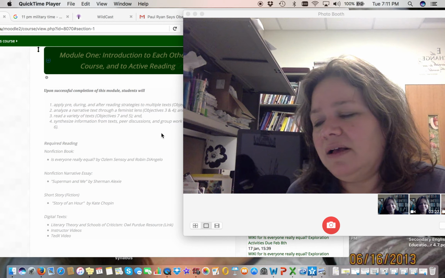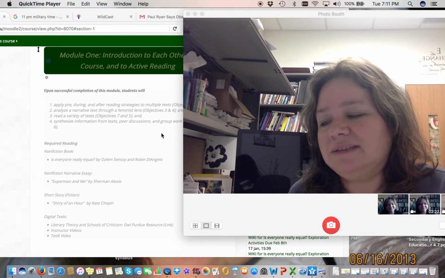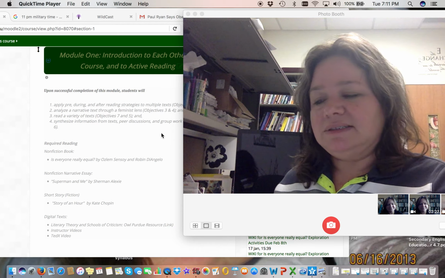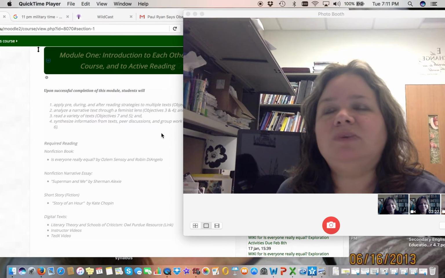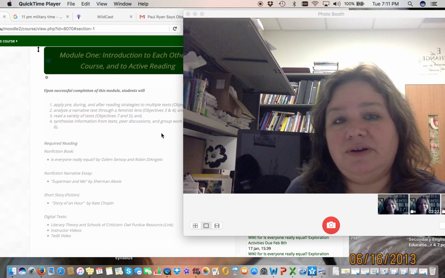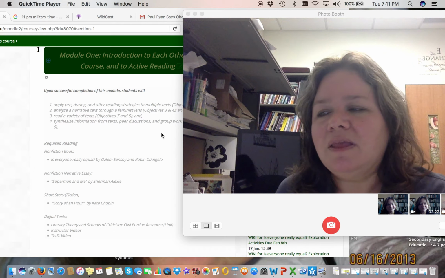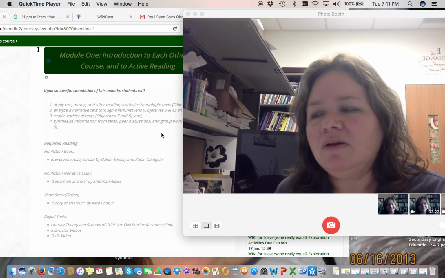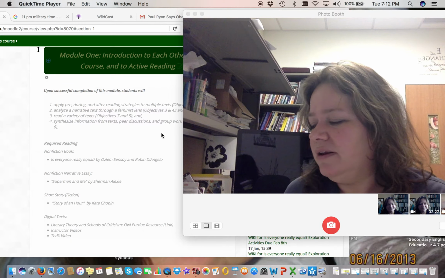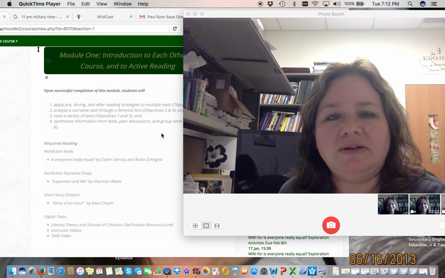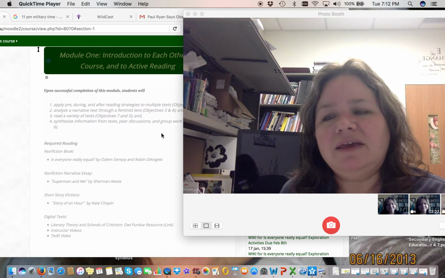Another connection that we can make is text to text, and the symbol is TTT. This is where, when we're reading a text, we're instantly reminded of another text that we've read. One of the examples that I'm going to read today for a model in another video is Going Green.